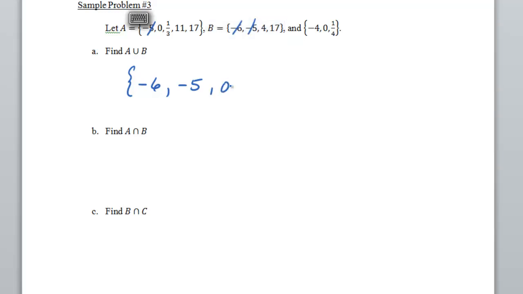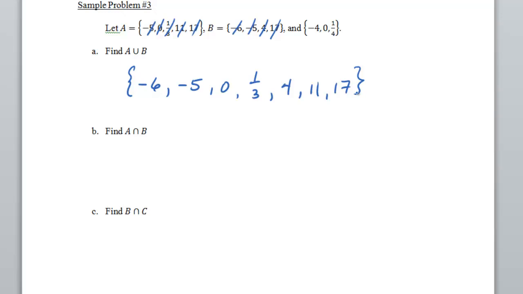We can see that 0 is our next number, and then 1/3, 4, and then 11, and then 17, and you can see 17 is already written, so we don't need to do that, and so we've taken the union of those two sets.